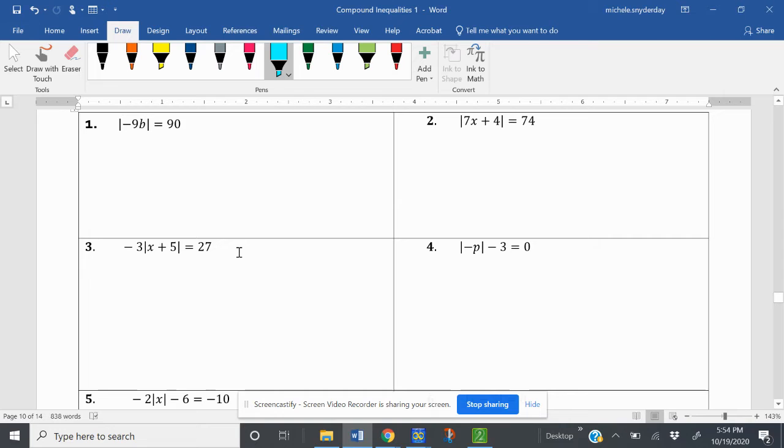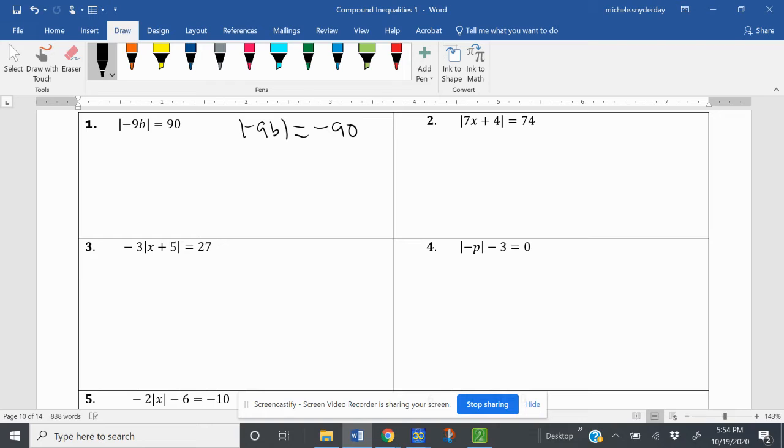Number 1, we don't have anything outside of the absolute value symbols. So we know that the inside could equal a positive 90, or the inside of the absolute value of negative 9b could equal a negative 90, because it started off equaling a positive number.